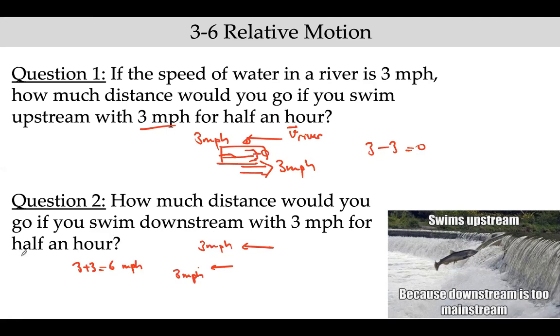And you swim for half an hour. So how much distance do you go? It's going to be 6 miles per hour times, what is the time? 0.5 hours. So hours cancel, and the distance that you go will be 3 miles.